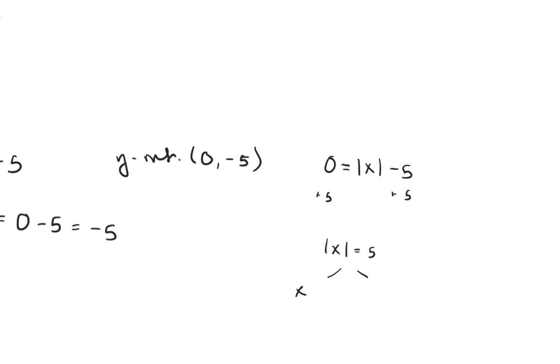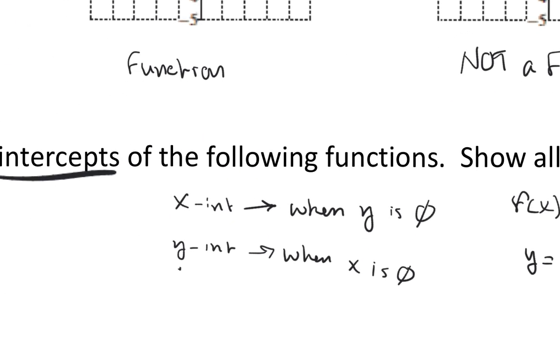That means x could be negative 5 or x could be positive 5. And both values are valid for this. So that's going to mean that our x-intercepts are going to be negative 5, 0, and 5, 0. So I'm going to go ahead and write that over here.